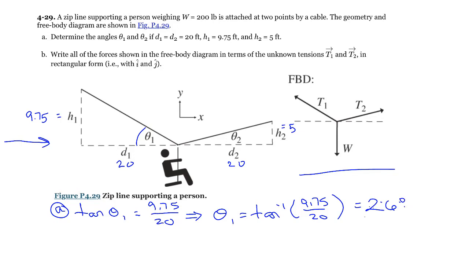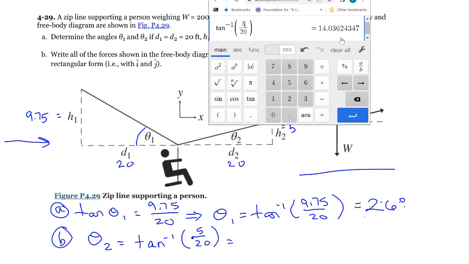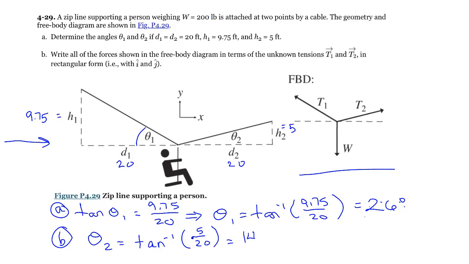And then for B, I can just say theta sub 2 is equal to the inverse tan of opposite over adjacent, but now we're on the other side, so it's 5 over 20, which is really the same as 1/4. Let's get the calculator back. I'm going to round this to 14 degrees.